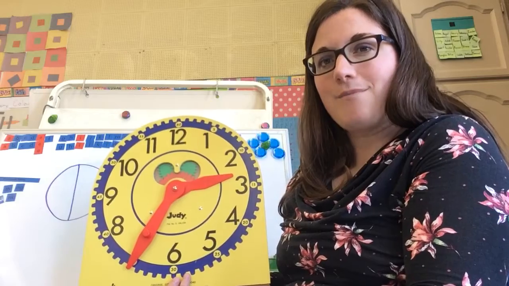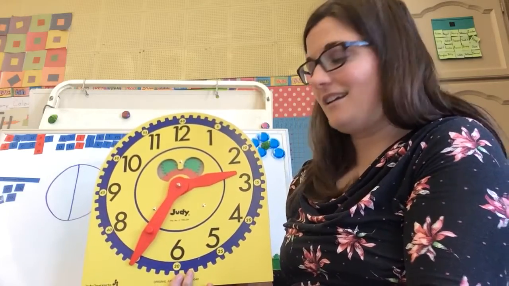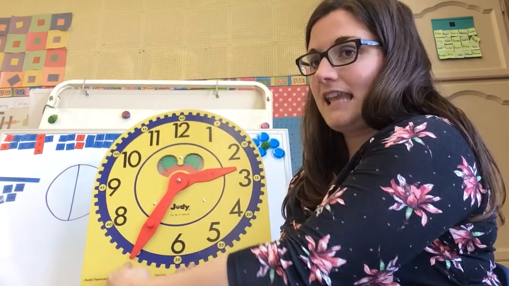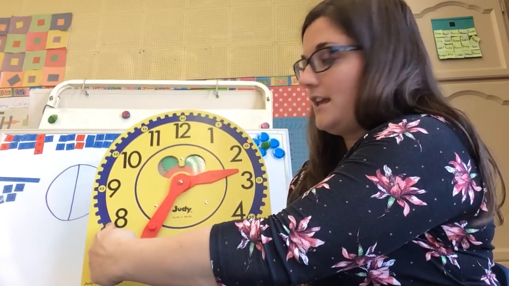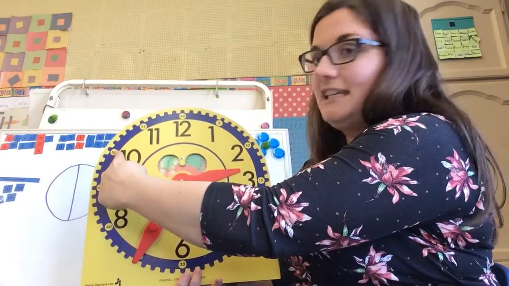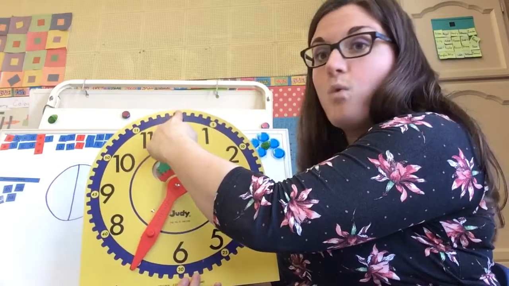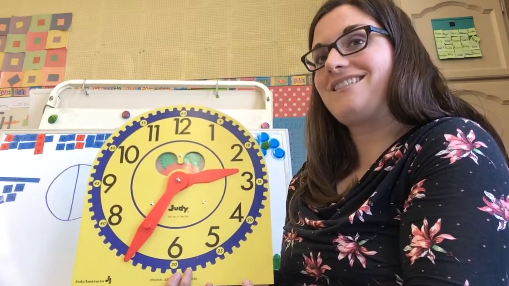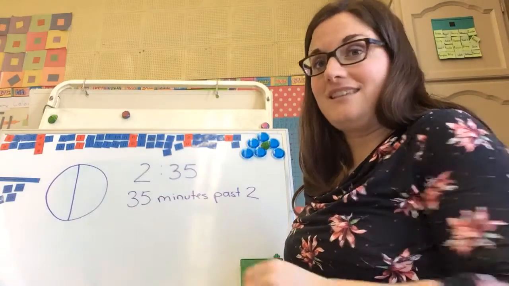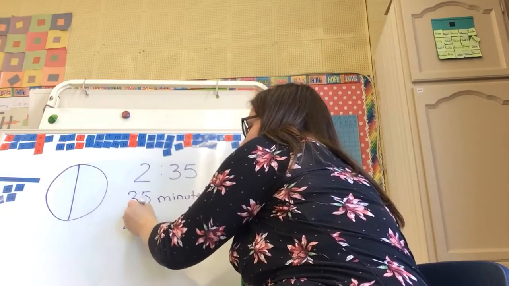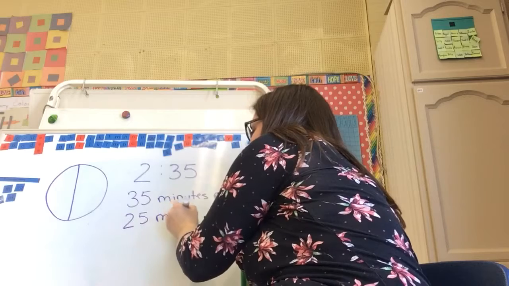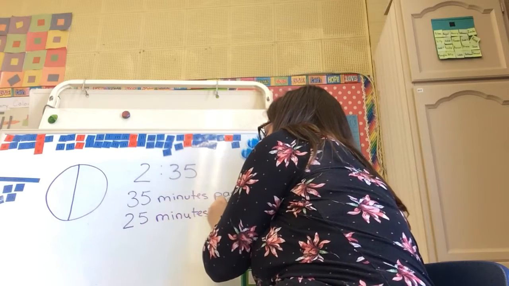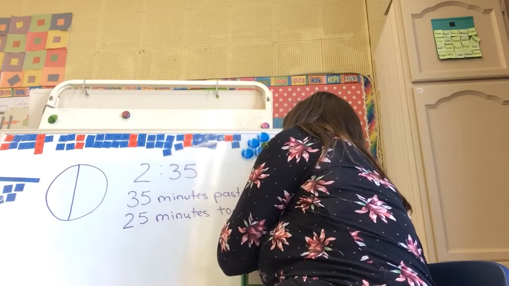Can you count how many minutes until it's 3 o'clock? We're starting here. Let's count by 5s. 5, 10, 15, 20, 25. So in 25 minutes, it'll be 3 o'clock. So we can also say the time 25 minutes to 3 o'clock.